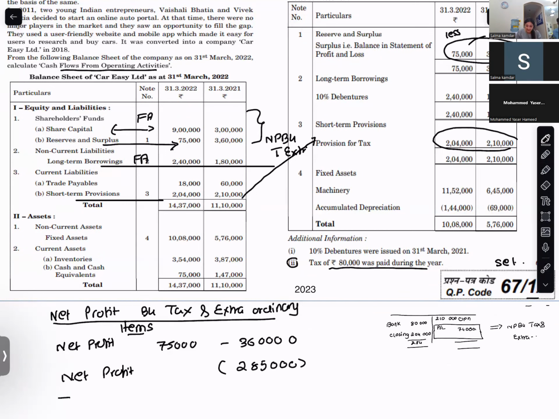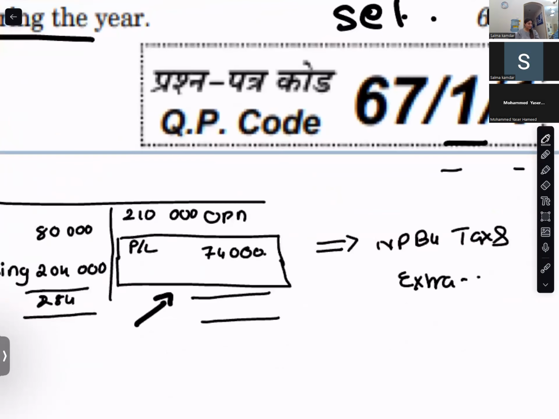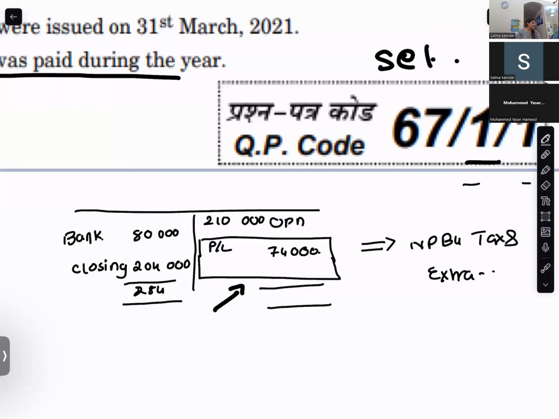In that, what do I add? I add the provision for tax, I add proposed dividend, I add transfer to reserves. Is there anything of such sort over there? No. Which provision for tax will I add? The amount of tax that I have created. I already made this account.